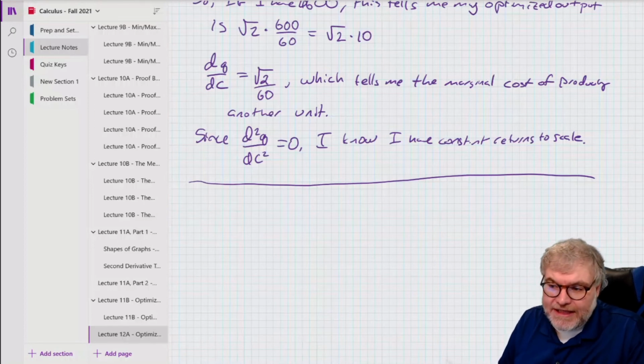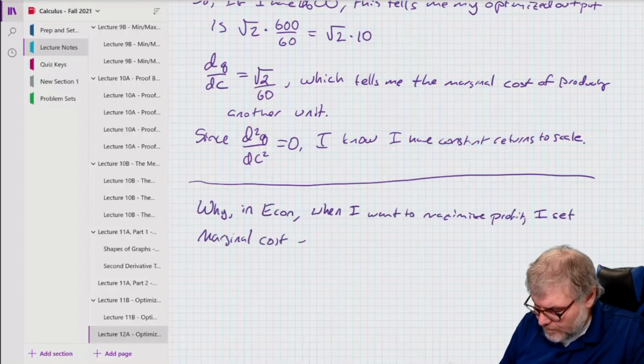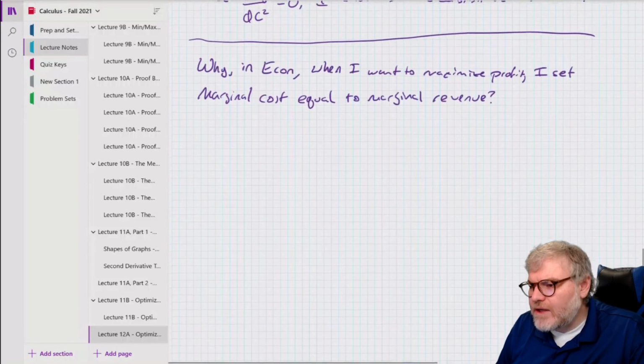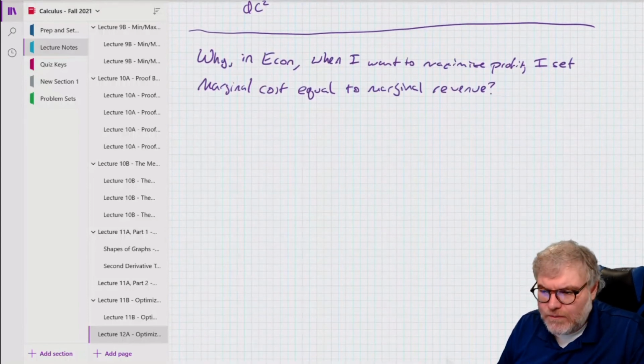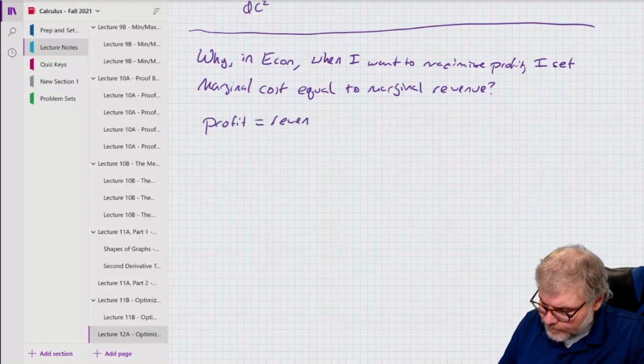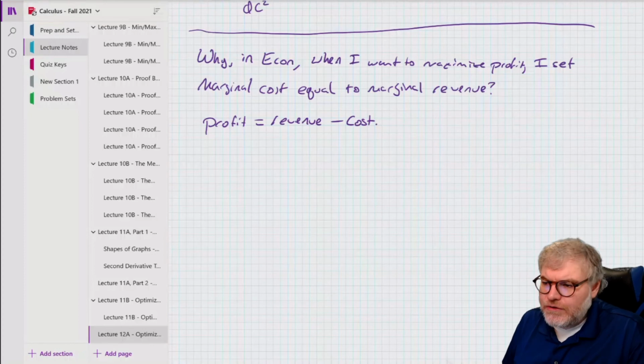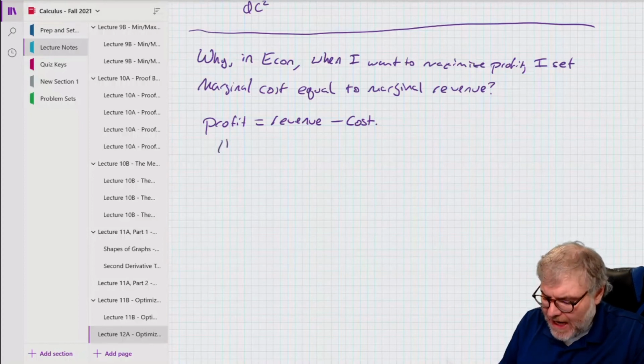Speaking of mathing through econ, okay, let's do one more example of optimization. So why do I set marginal cost equal to marginal revenue? Well, profit equals revenue minus cost. Okay, the traditional thing for this is to use a giant pi.